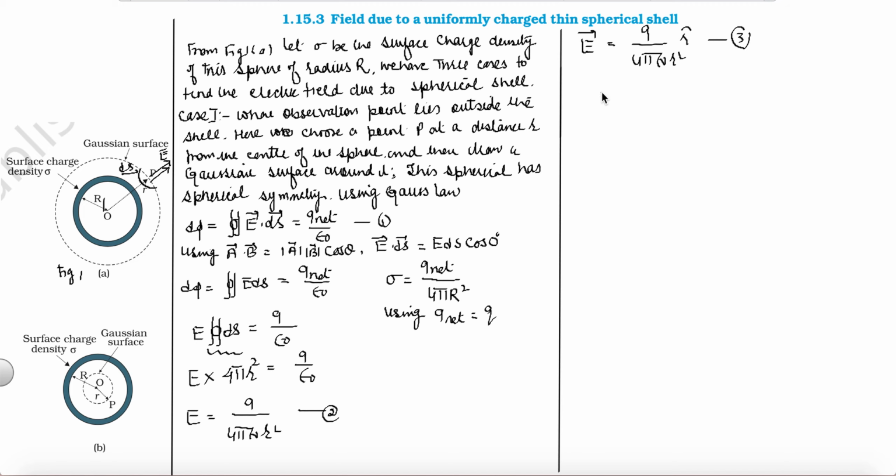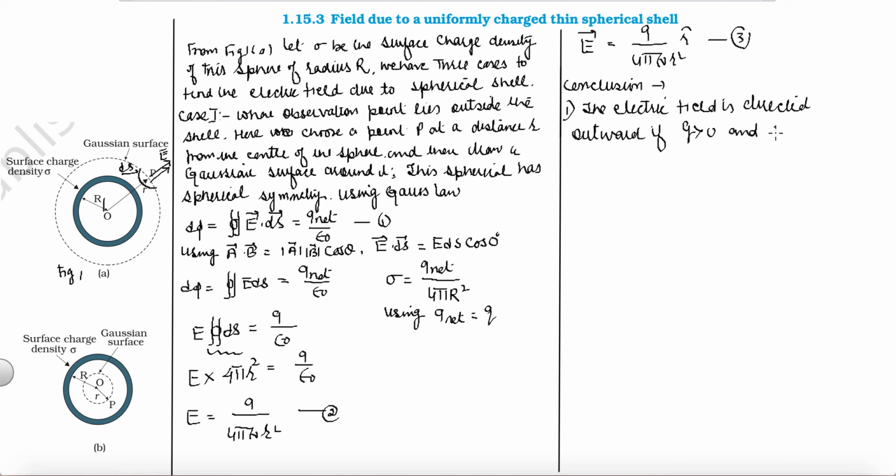A few important conclusions can be drawn from this equation. The first conclusion is that the electric field is directed outward if q is greater than 0, and inward if q is less than 0.